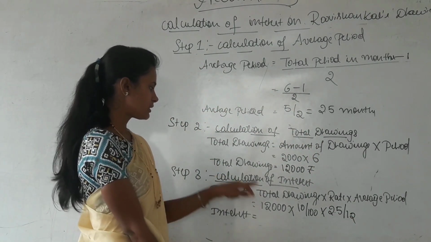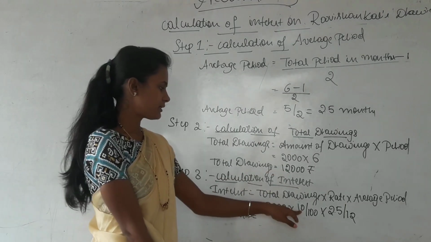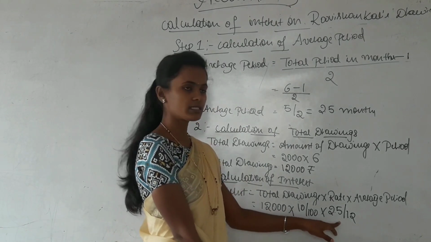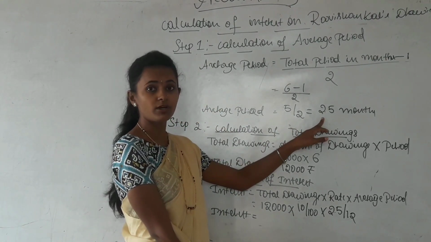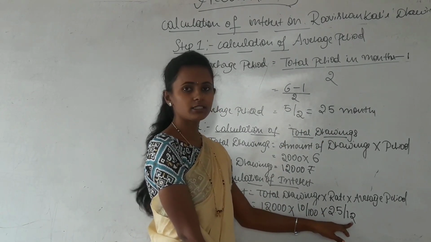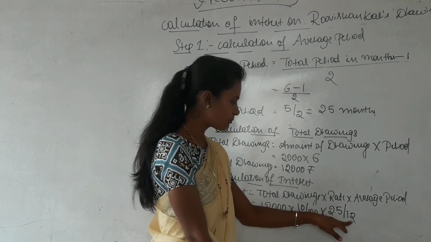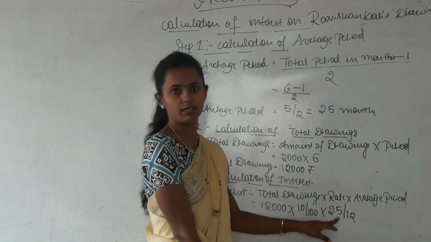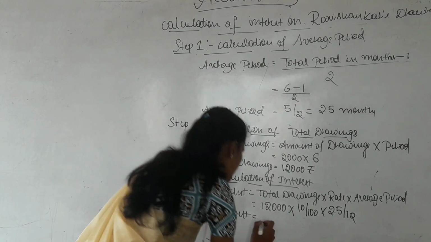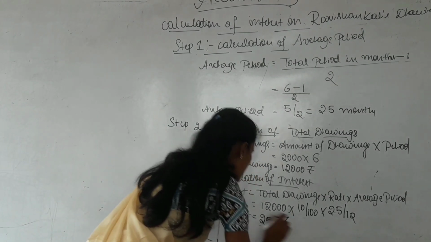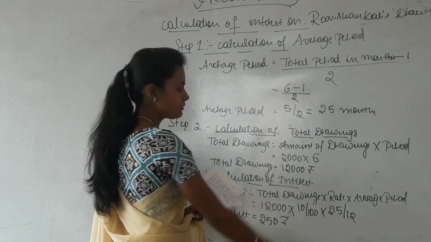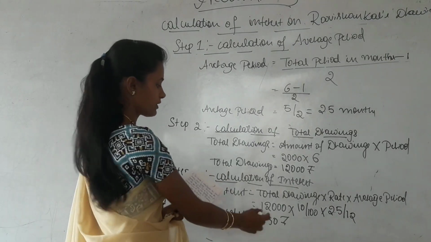So 12,000 we got in step 2, and 10 by 100 is given in the problem regarding the rate of interest, and 2.5 months is what we got in step 1, that is our average period. 12 is because in a year we have 12 months. In 12 months our average period is 2.5 months. If you do the same calculation, you will get 250 rupees as your interest. That is 12,000 into 10 by 100 into 2.5 divided by 12, you will get 250.